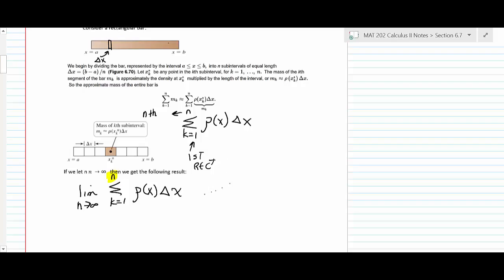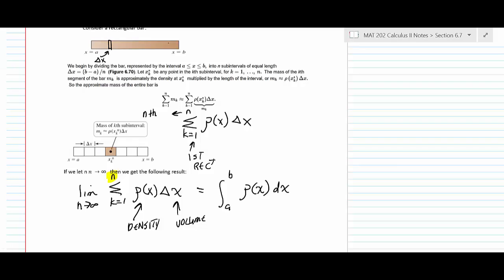So then you would get the integral from a to b of rho of x times dx. So that right there is your density, and this right here is your volume, okay? That's what you end up getting for your basic formula.